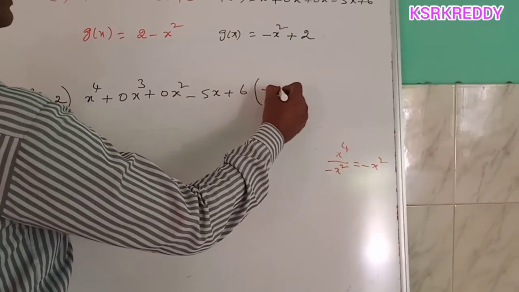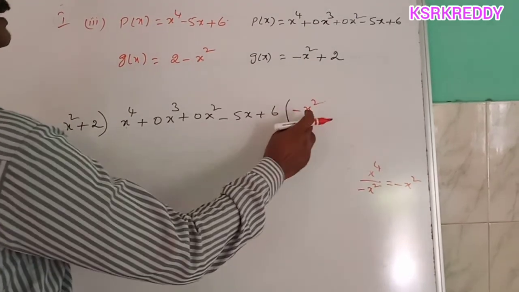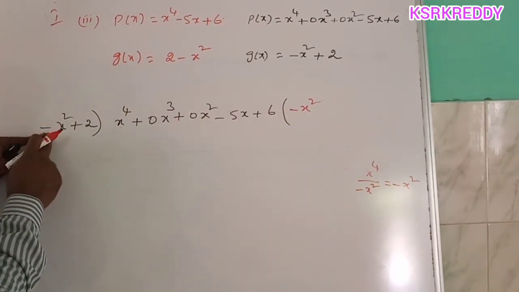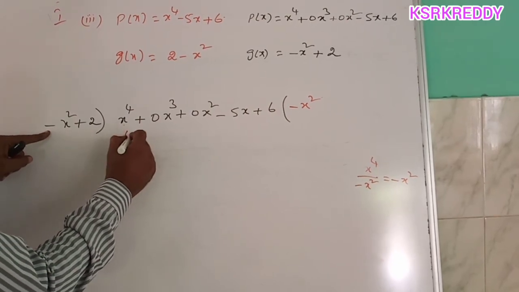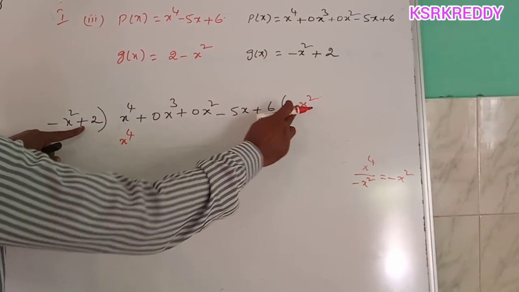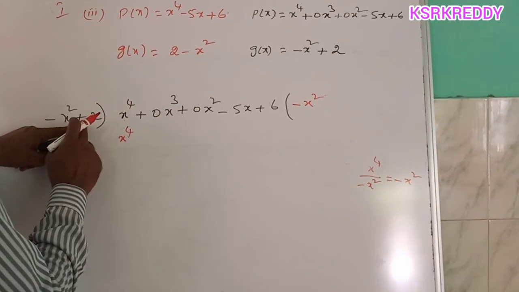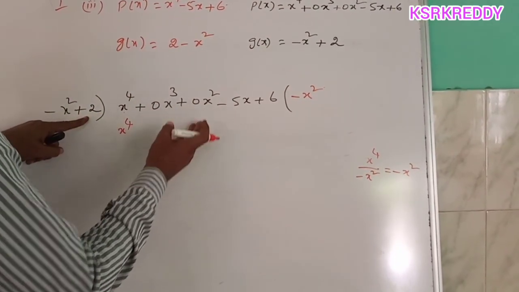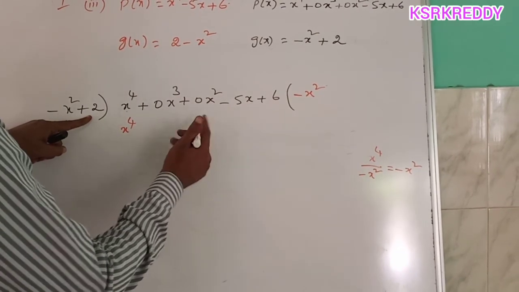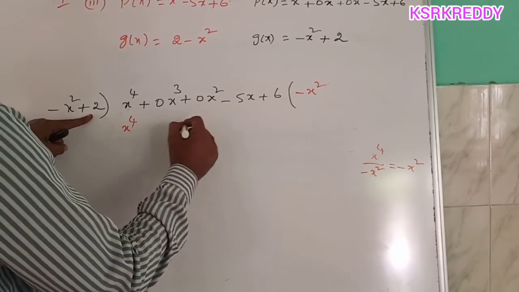So what is that? Minus x square into minus x square. Minus into minus is plus, x to the power 4. Minus into plus is minus, x square into 2, 2x square. Here what is that? Minus 2x square.